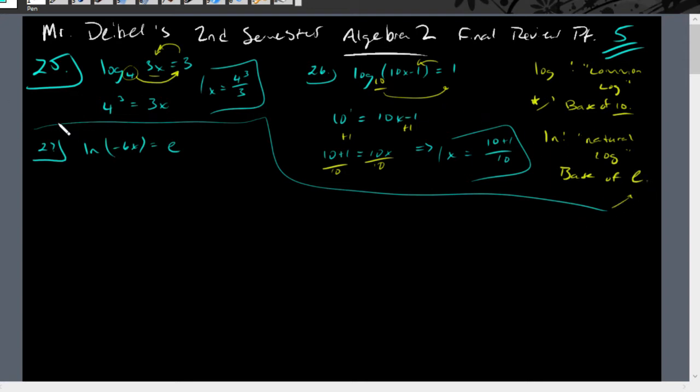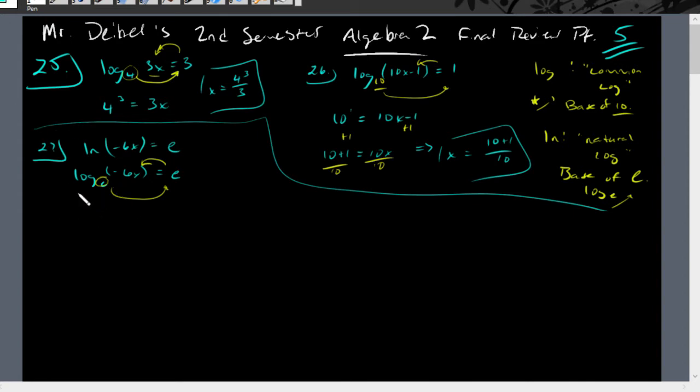So this is really log base e. That's something important, log base e. So I'm going to rewrite it as log base e of negative 6x equals e. And you want to convert this as the base raised to this power equals this. That is not a 6, it's tricking me, that's an e.